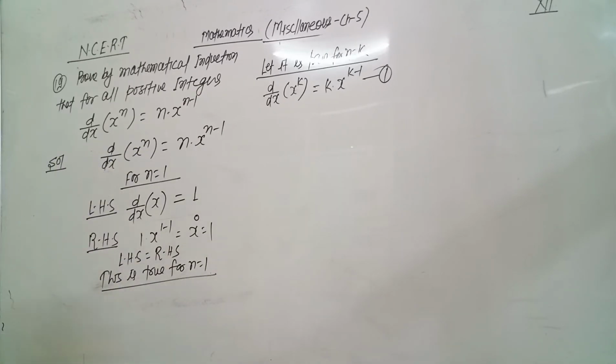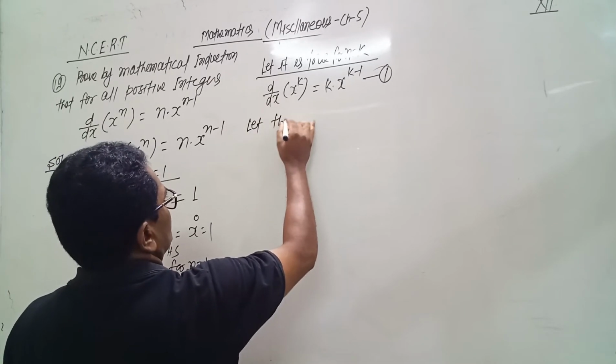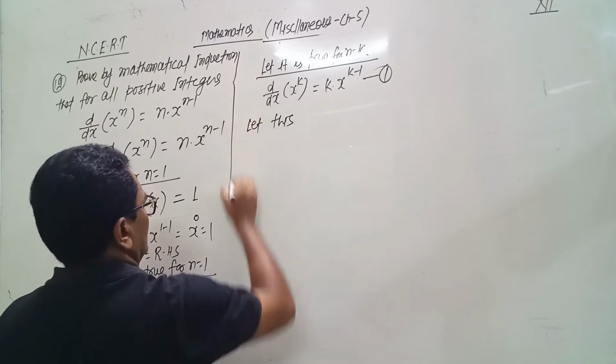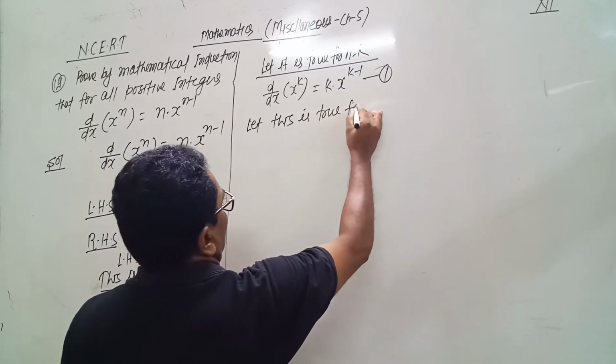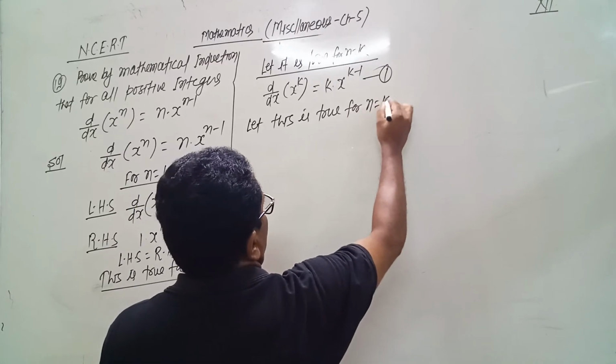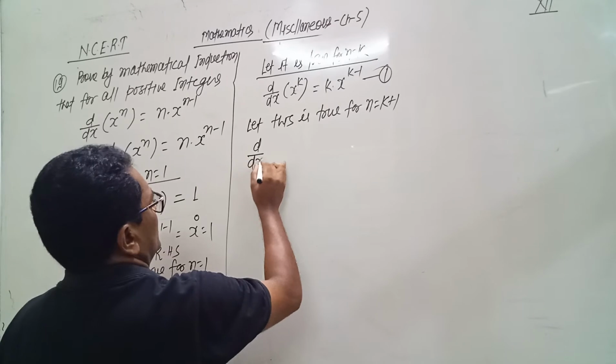Now we will prove that this statement is true for n equals k plus 1. Let this be true for n equals k plus 1. So put the value of n equals k plus 1.